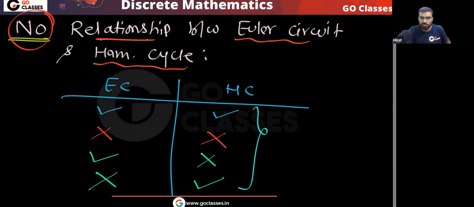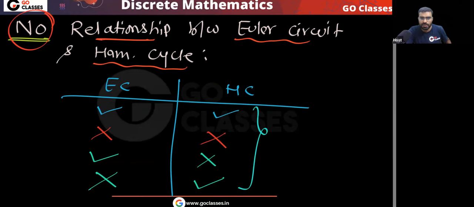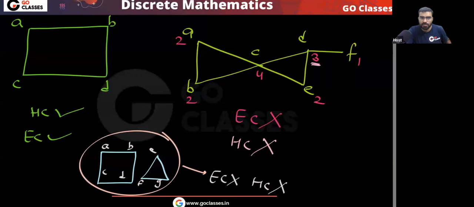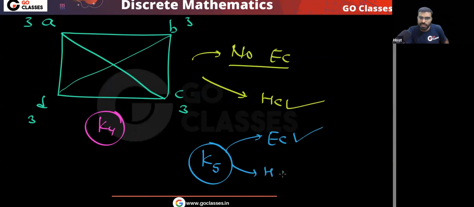You can also take, for example, K5. In K5, every vertex has even degree. So you have an Euler circuit and you have a Hamiltonian cycle also.